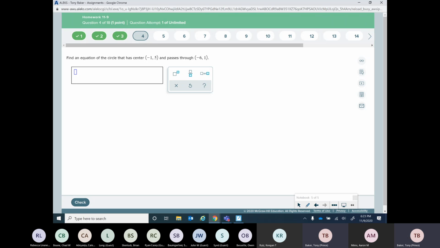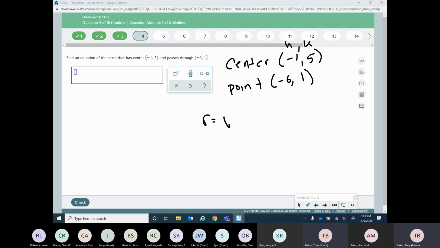All right, so this one, same concept. My center is -1, 5, but this time it gave me a point of -6, 1. So that's my h, that's my k. I still need to find my radius, so we're going to do my distance formula.